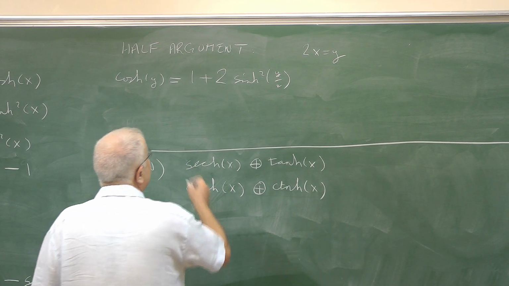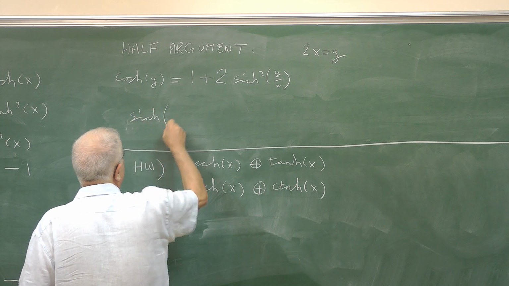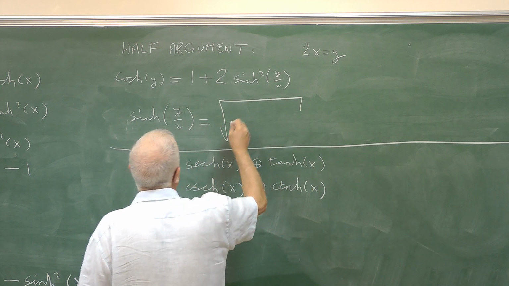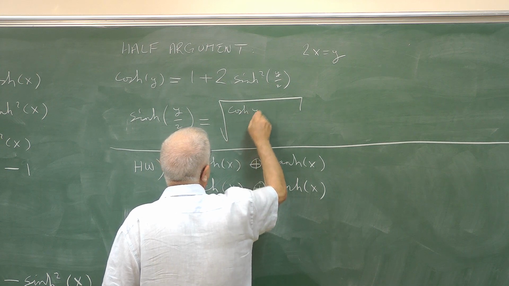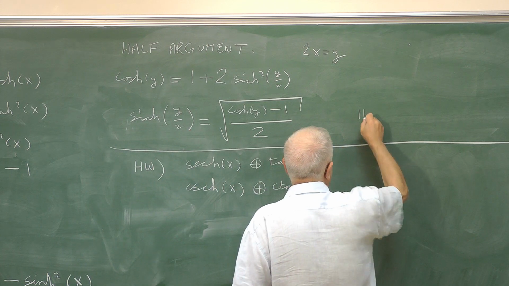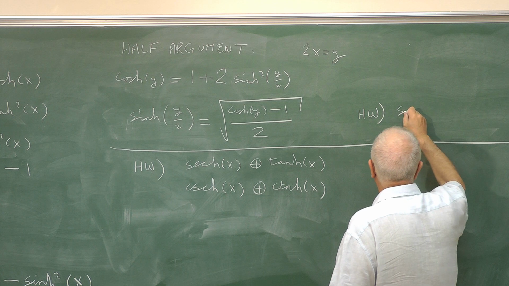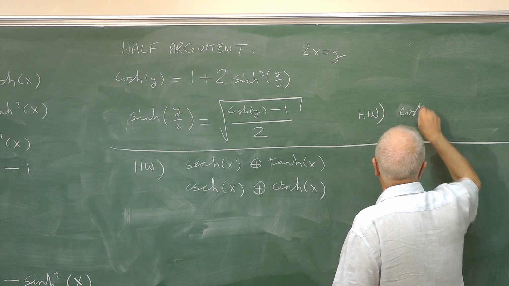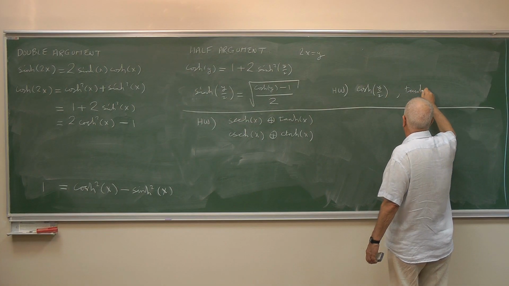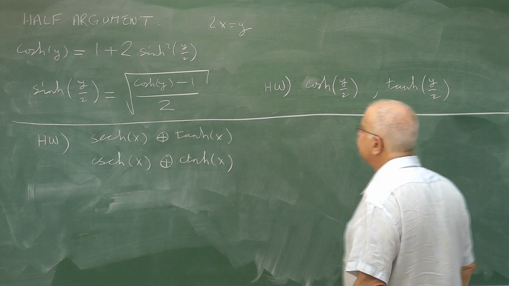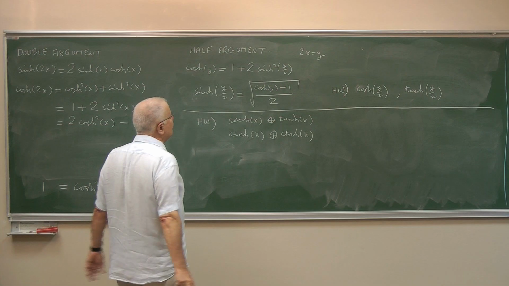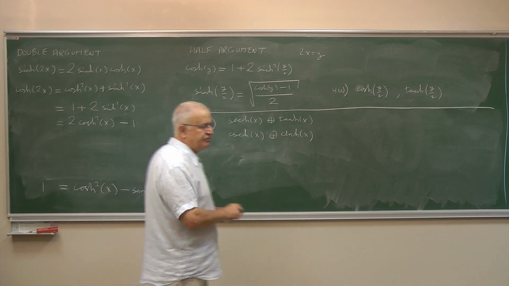So solving this, sinh y over 2 equals a square root of cosh y minus 1 divided by 2. So as an exercise, we may do cosh y over 2 and tanh y over 2. Very similar to the trigonometric counterparts.